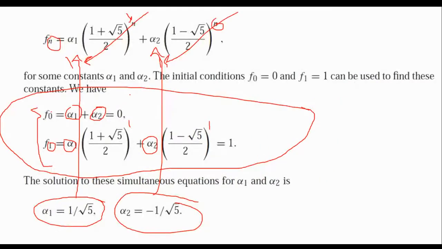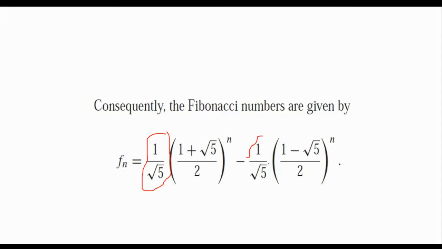And by the way, here, look at this part. This is positive, right? It means that here, when you write negative, it means that this one is also included as alpha 2, okay? And this part and this part are the roots, which we called R1 and R2.